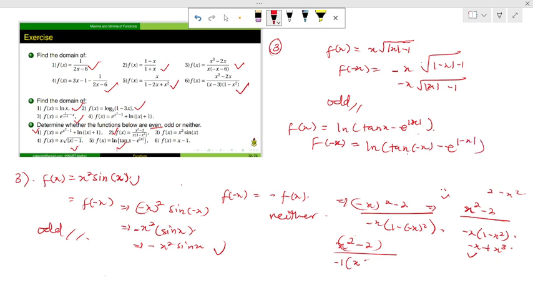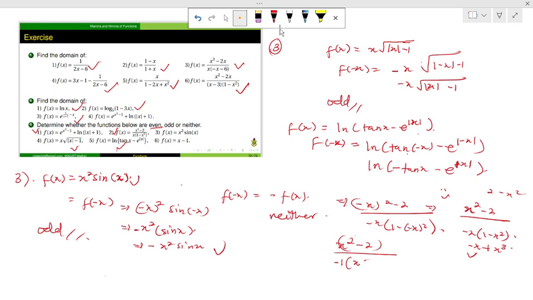Whenever you have tan of a negative number, what do we get? Let's say tan of negative 50, you get negative, right? So you get negative tan x. Here, e to the power absolute of negative x, it's an absolute, so it's the same thing.